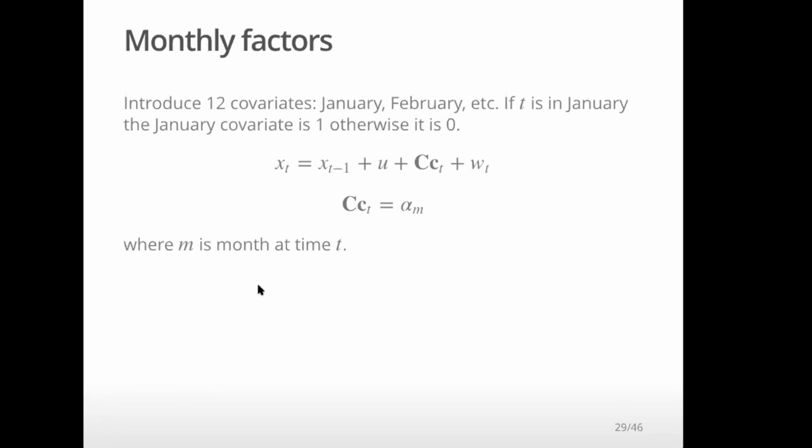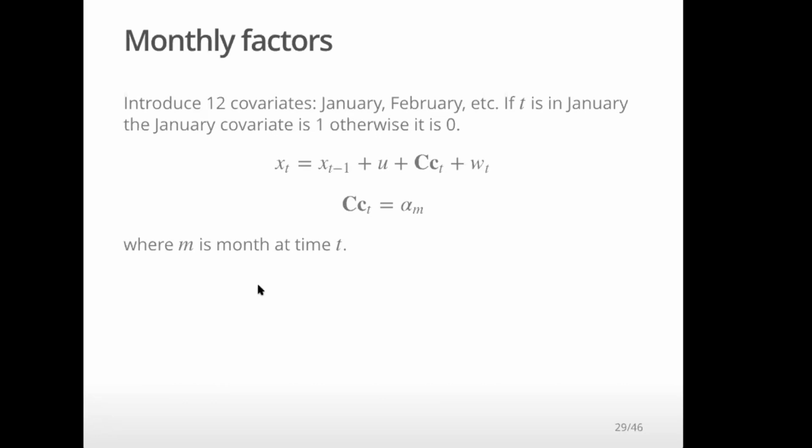So if I'm going to treat the month as a factor and estimate an average January effect, an average February effect, what I'm going to do is include this covariate where I'm including 12 of them, a January covariate, a February covariate, etc. And at time t, if I'm in January, the January covariate is going to be 1.